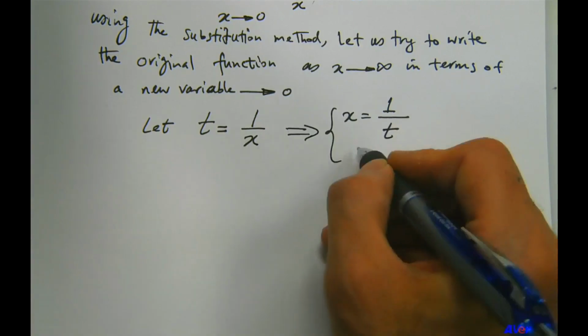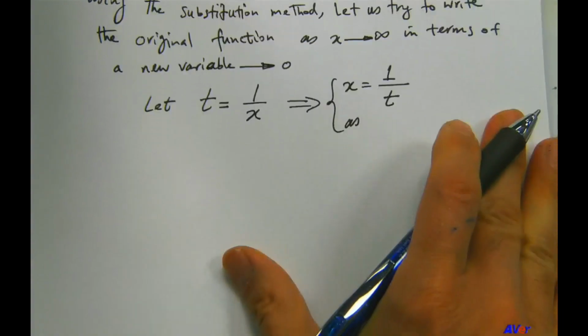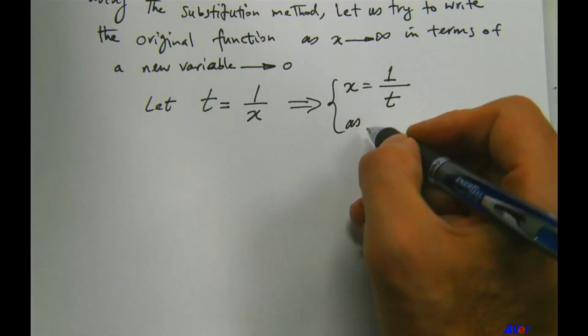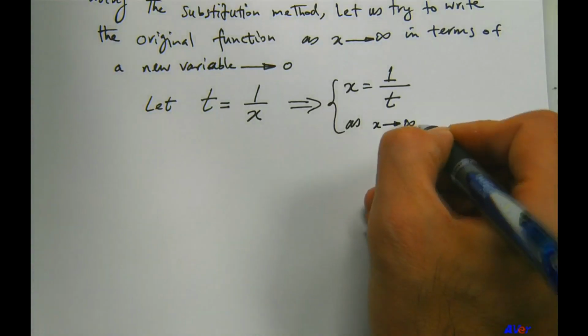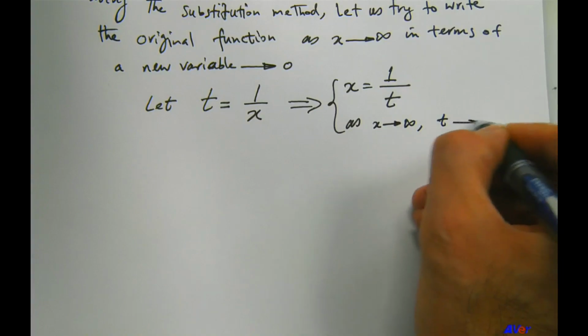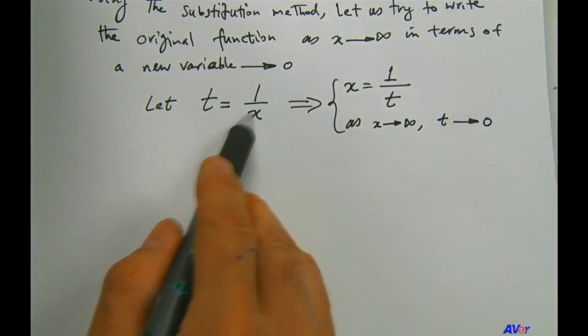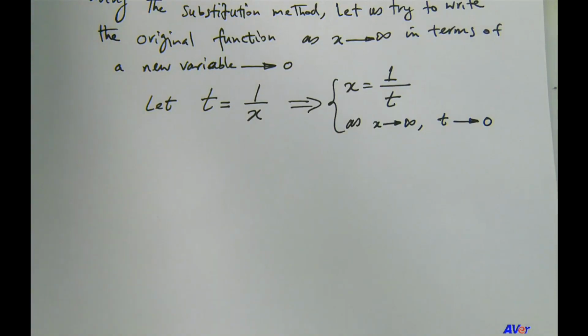So therefore, as x goes to infinity, t goes to 0, because 0 is in between negative and positive values, as you know.